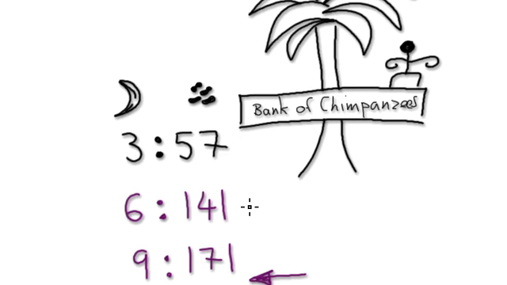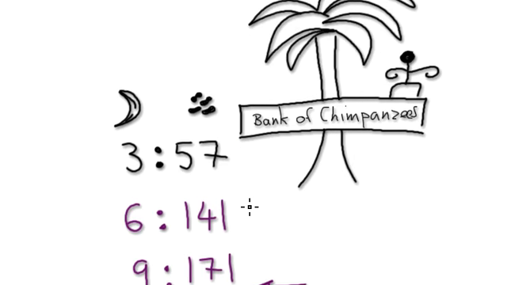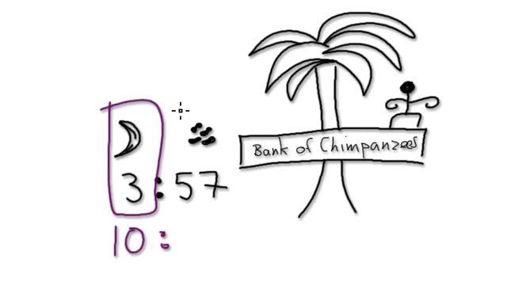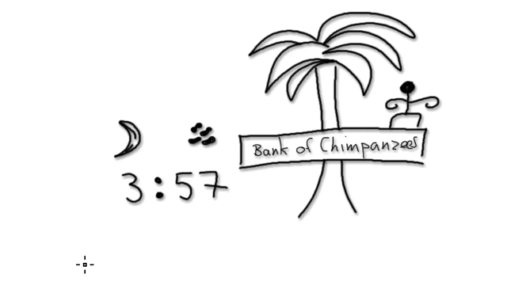Anyway, do whatever you want. Work out how many peanuts you're able to get with 10 bananas. The current exchange rate is 3 bananas to 57 peanuts. So press pause and have a go.